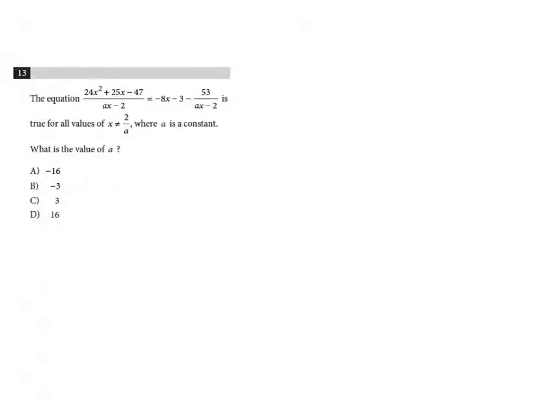Okay, moving right along. Number 13. The equation, blah blah over ax minus 2 equals, got this expression here, is true for all values of x not equal to 2 over a, where a is a constant. What is the value of a? Okay, well, if we divide polynomials and we have a remainder, that remainder is going to need to be divided by the divisor.